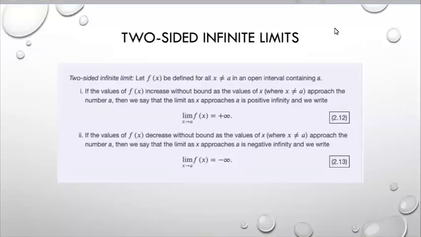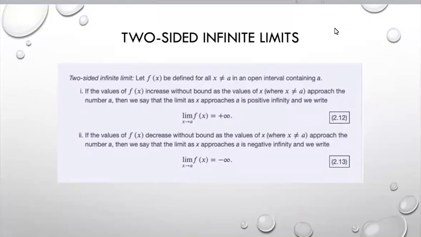Let's talk about infinite limits. Infinite limits means that as our x approaches a value A from the right or from the left, the y value is increasing or decreasing without bound, meaning that as I make the x value a little closer to A, the y value keeps increasing or keeps decreasing to minus infinity.